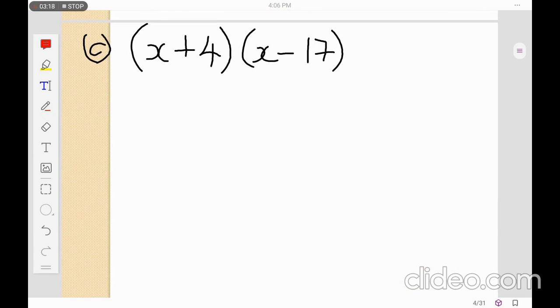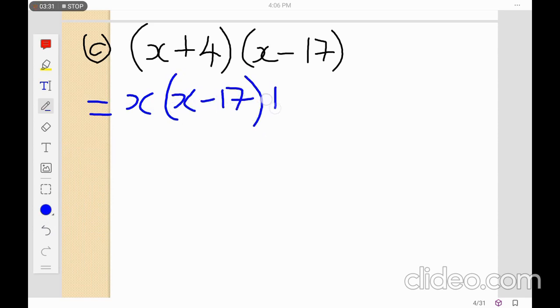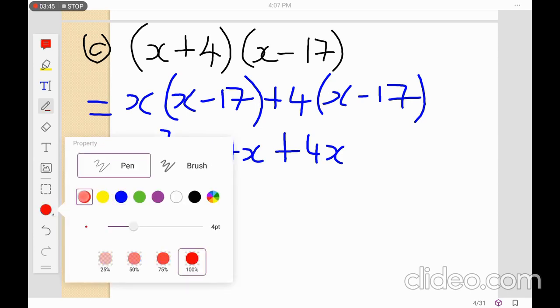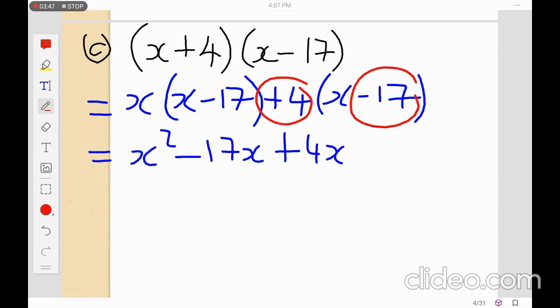Here I'm now multiplying. Again, I do the same as I've been doing all along. So I'll have x multiplying the second bracket, x minus 17, then plus 4 multiplying x minus 17. Let's simplify. I'll get x squared, minus 17x, then plus 4x. Then for the last part, I've got 4 times minus 17, I'll get minus 68.